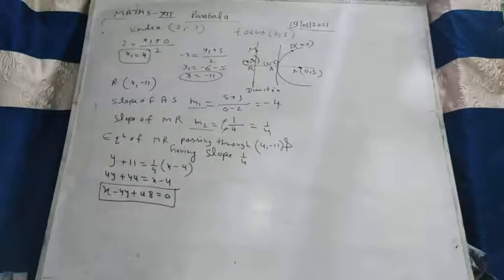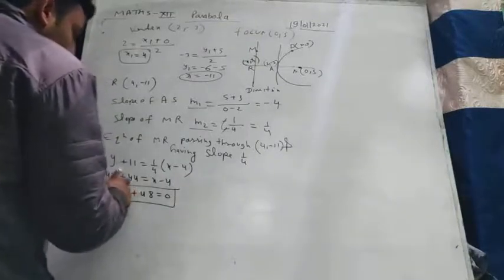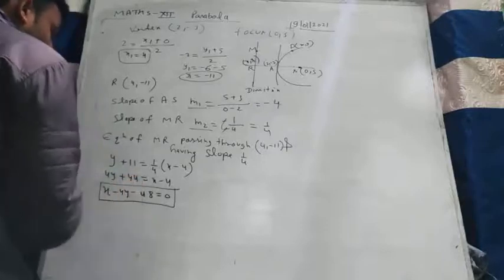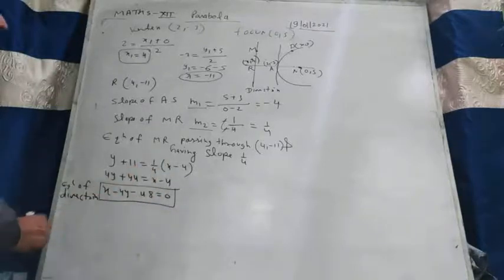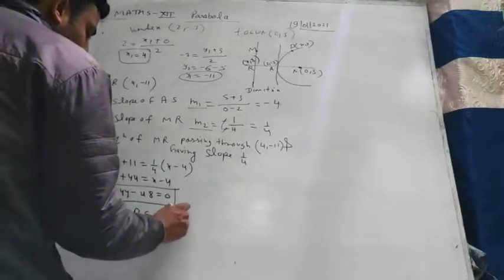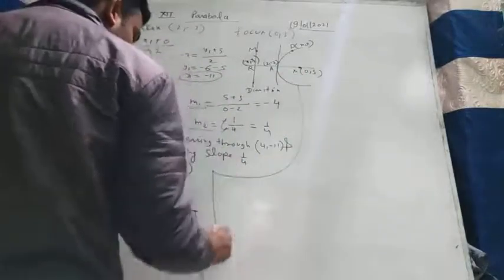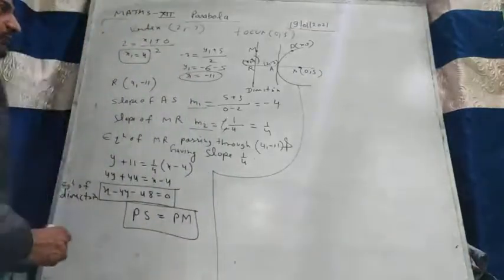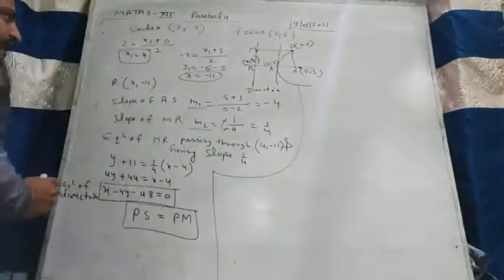Okay student. If we take this to the other side, the sign will be changed to negative. So the equation of directrix is this. Now student, you know that our PS is equal to PM. So we apply this concept to find the equation of parabola. So this is PS and this is PM.